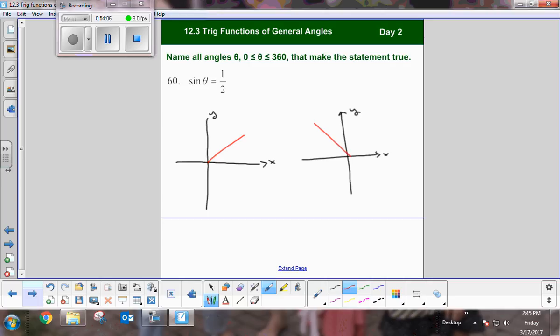Okay, so sine, here's my reference angle. And sine is opposite over hypotenuse. So by the Pythagorean theorem, here goes.